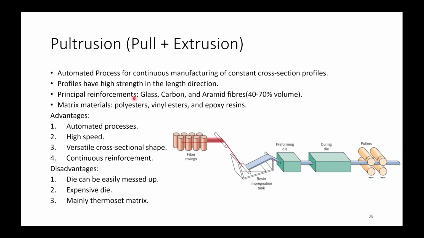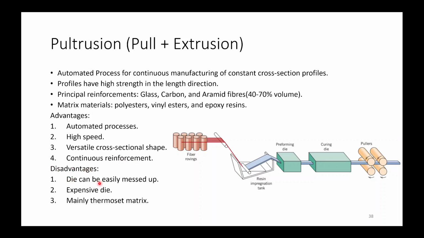And the principal reinforcements are glass, carbon and aramid fibers. So there will be around 40 to 70% volume of these reinforcements. Now matrix materials are polyesters, vinyl esters and epoxy resins. Advantages are automated processes, high speed, versatile cross-sectional shape, and continuous reinforcement.